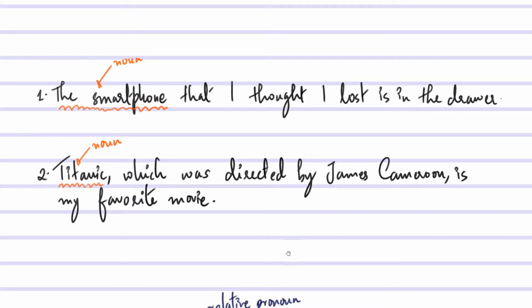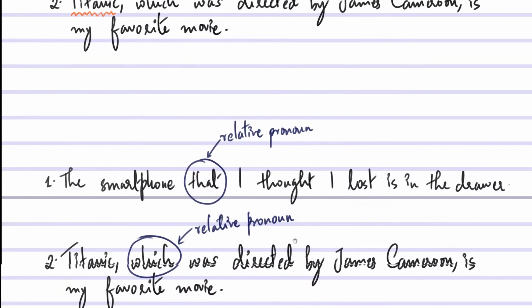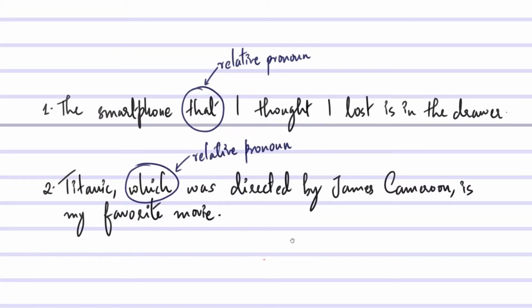Can we go one step further and look for the relative pronouns that and which and where they occur? Here you go. So in the first sentence, the relative pronoun that directly comes after the subject, the smartphone. While in the second sentence, we have which following the noun Titanic, but there is a comma between Titanic and which, which is really important.